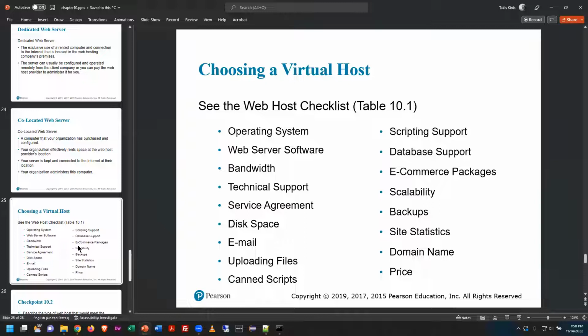Now, if you host on a Linux server, that will have different capabilities than if you're hosting on a Windows server. We haven't talked about this yet, but the static HTML and CSS and JavaScript that we code for any web page will work on any web server, because they're universal languages.